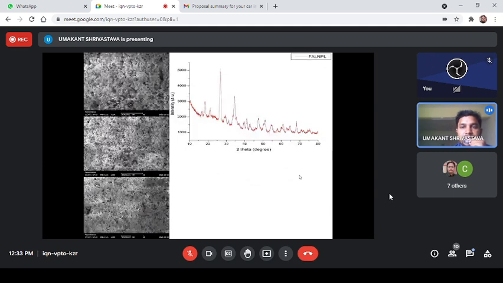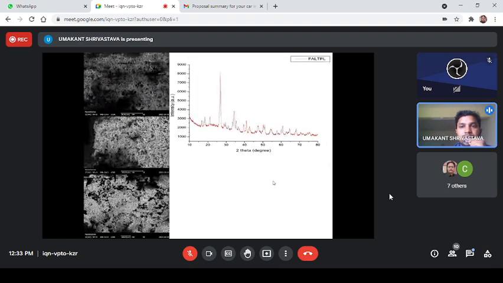For the FA and L NLP sample, we can clearly see at 200, 500, and 1000 magnification that the images show very well coagulation of the components, and the XRD images show the highest peak intensity up to 500 with respect to the 2 theta value, and similarly for the FAL TLP sample.